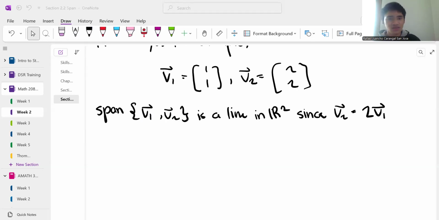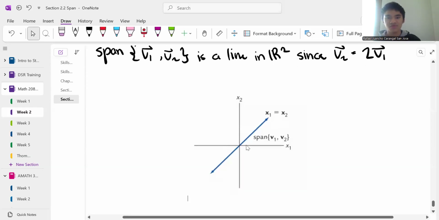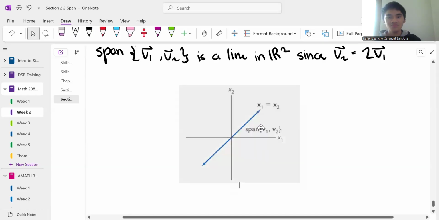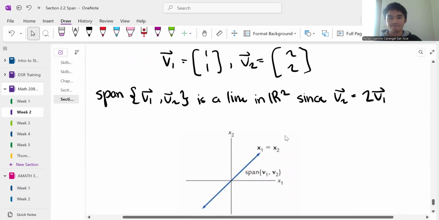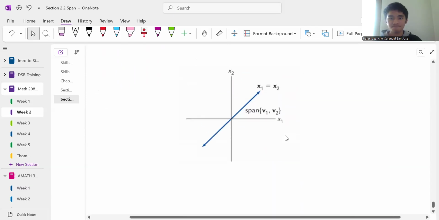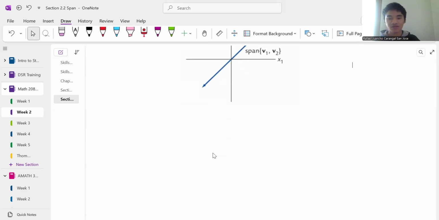Here's the nice example, or a nice geometric intuition behind it. So this is the span of v sub 1 and v sub 2, right? It's a line. It's not the whole plane, the whole 2D plane, the XY plane. It's not all of that.